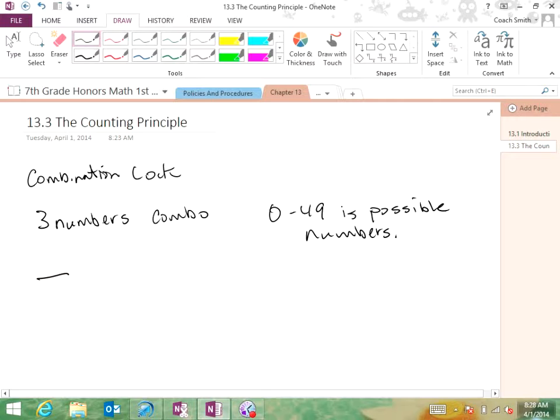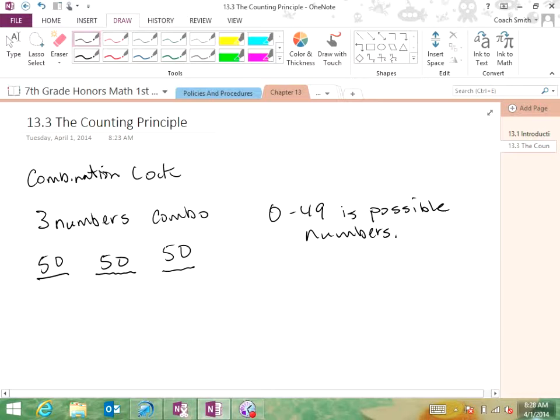How many total numbers are there from 0 to 49? 50. So for the second number, there's still 50, because you could have a combination that was 42, 42, 42. Some of you still forget that. So for the third number, there's still 50 possible numbers.